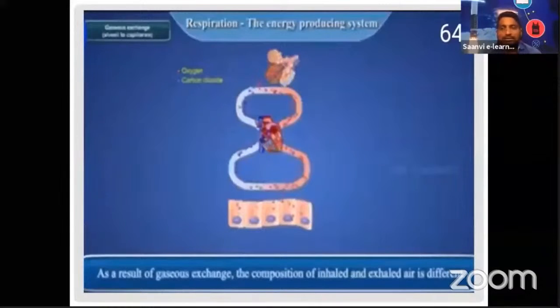Nitrogen will be the same, while oxygen and carbon dioxide will differ in the composition of inhaled and exhaled air. Let us go for that. What is the composition of oxygen, nitrogen and carbon dioxide, CO2, in inhaled air and likewise in exhaled air?